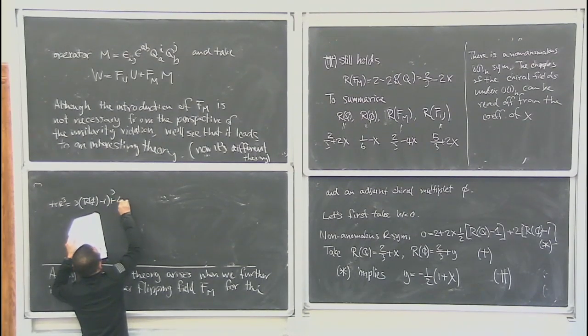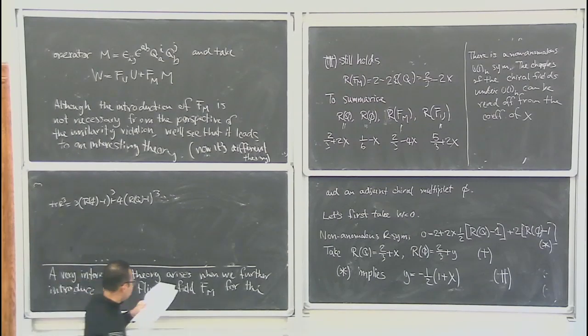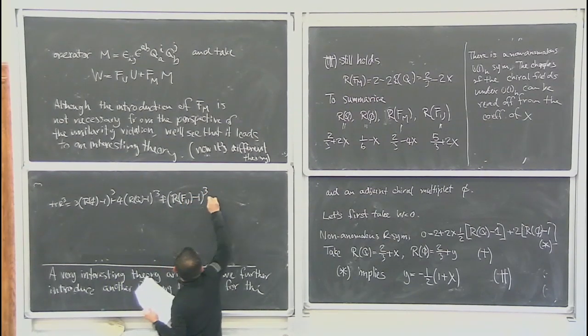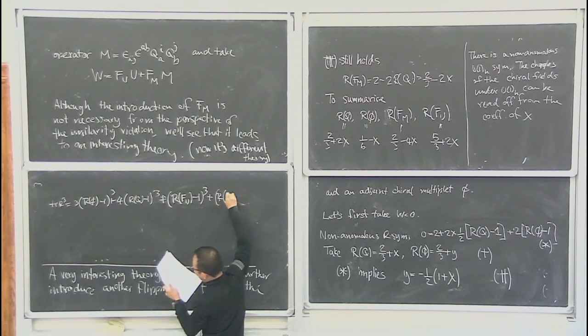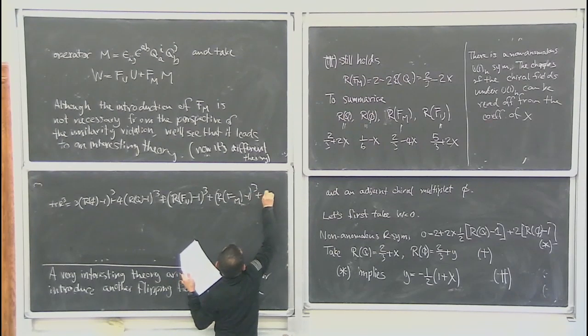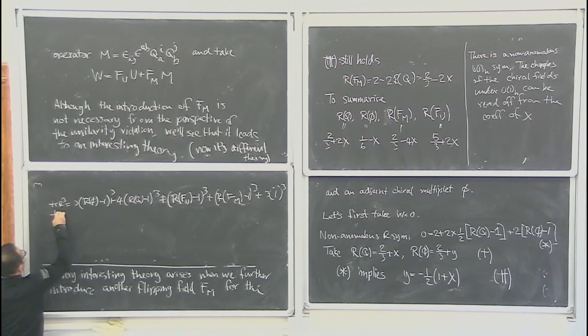Plus 4 (R_Q minus 1) cubed. 4 because you have Q_iA. Now you have to add all the flipping fields. R of the flipping of U, this is a singlet, so the coefficient is 1. R of the flipping of M, and then the gaugino. Trace of R can be the same; you just drop the, again, we did this about a million times now, and we get this nice value.